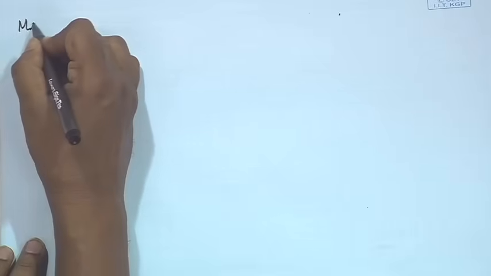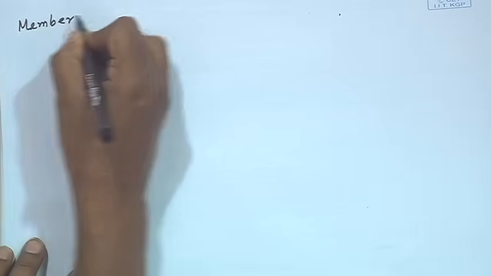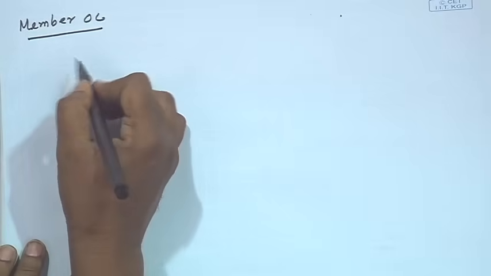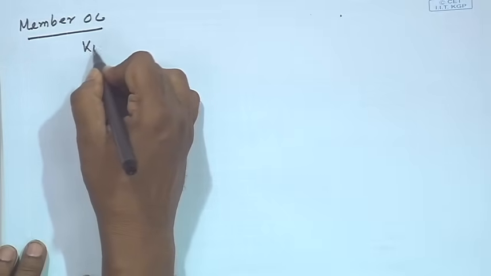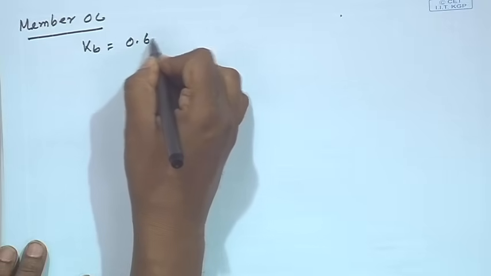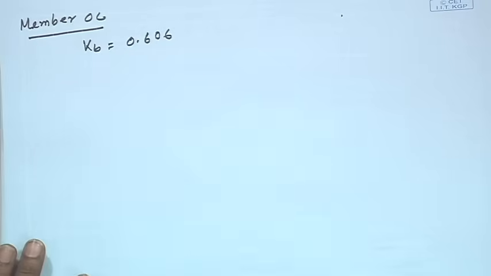So, for member OC, in a similar way I can calculate. Here we know that the kb value is the same, 0.606 whatever we have calculated earlier, because here the pitch distance and edge distance are the same. For all the cases, the bolt we are using is 20 mm and we have assumed the pitch value as 60 and edge distance as 40.